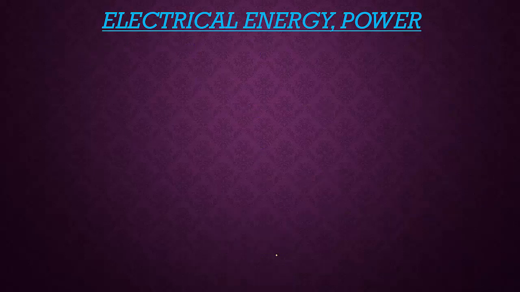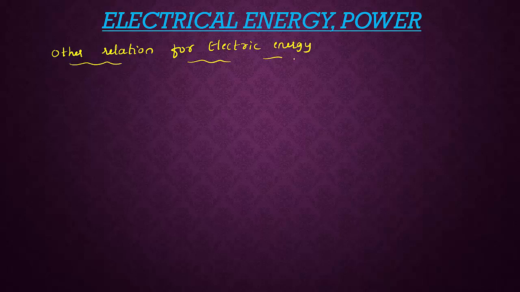Now, I am going to write one more relation for this electric energy. We can consider another relation or modified equation for electric energy. According to Ohm's law, Ohm's law is given by the equation V equal to IR.